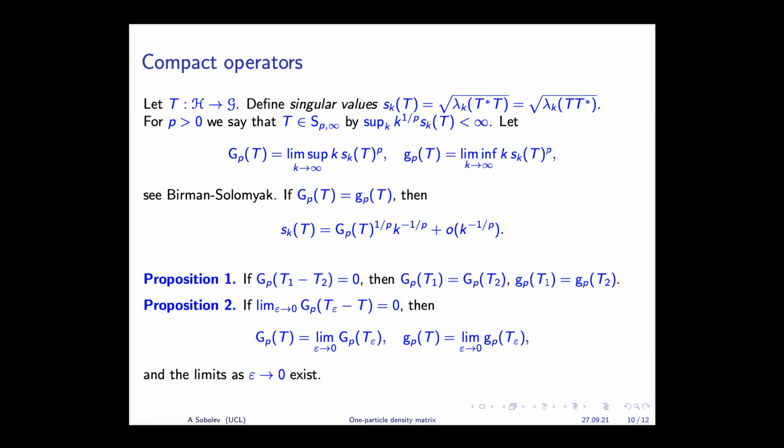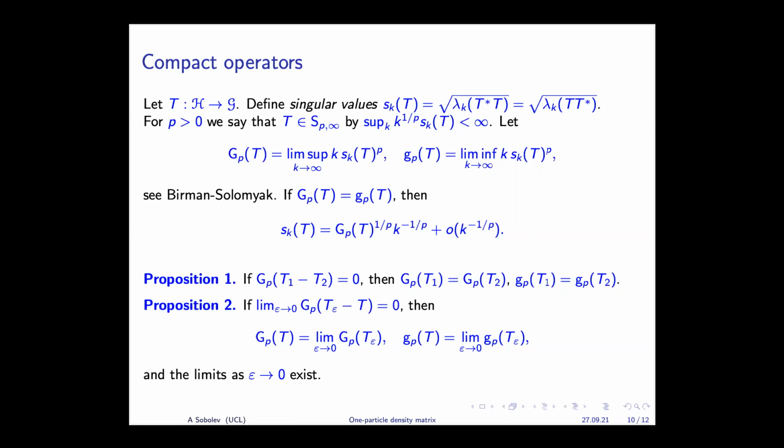Then when you have the perturbation, well, in very simple terms, if you have a complicated operator to study, then you can approximate it by something simple looking. But the price to pay is that you have this error that you made, and what can you say about the error?